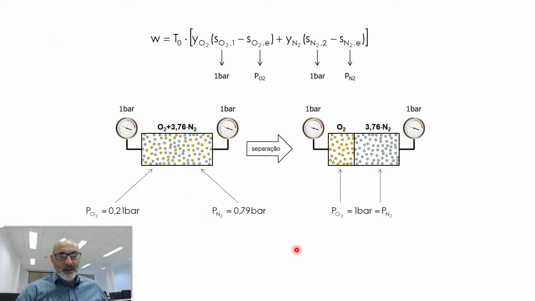So I need to look with a magnifying glass at what a separation process is. Take a look here. I have O2 and nitrogen. This is the molar constitution of air: 21% of O2 plus 79% of N2.